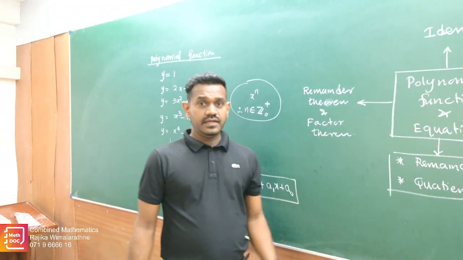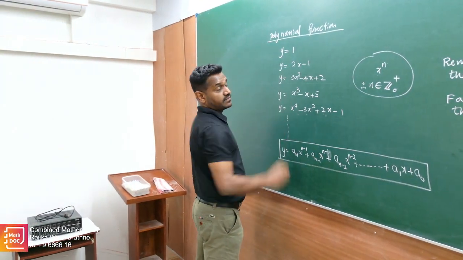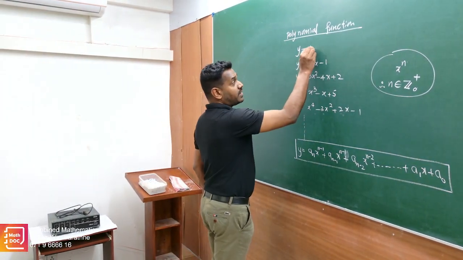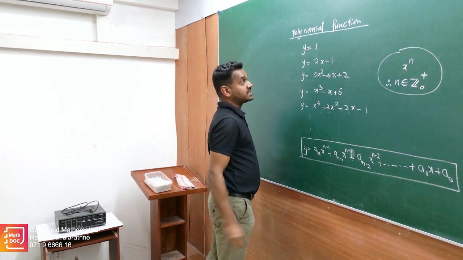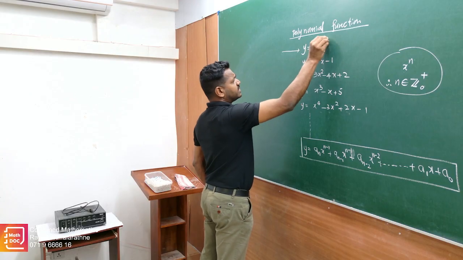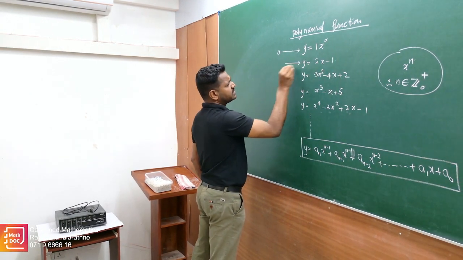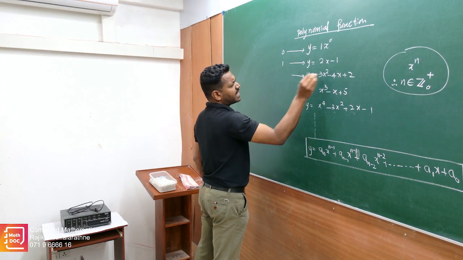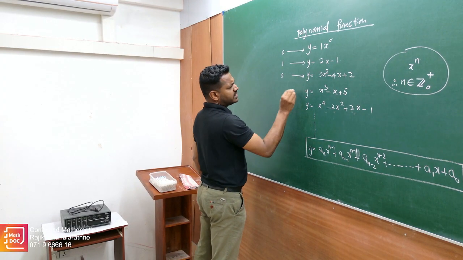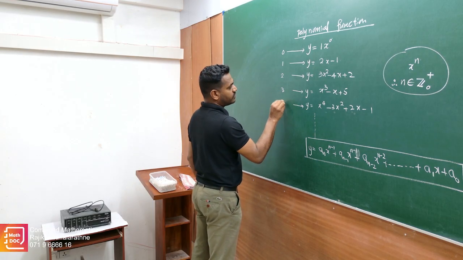Okay. Then when you consider these functions, the maximum power of x: here the maximum power is 0, here 1, here 2, here 3, here 4.